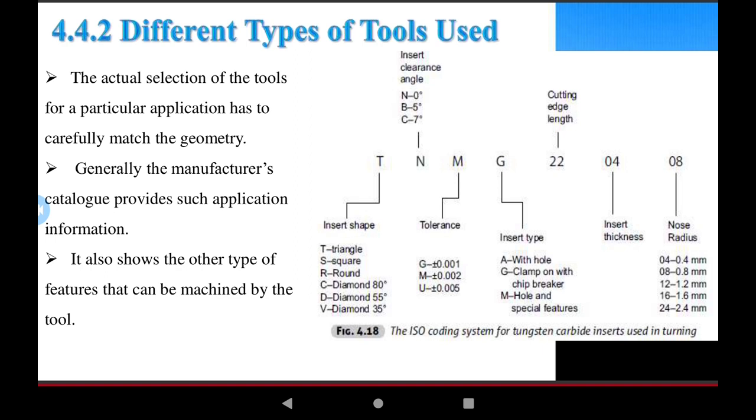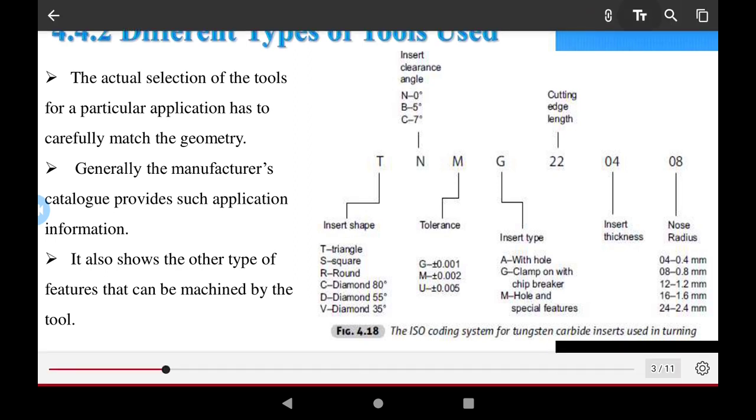A zero angle command performs the work at zero angle; then command N performs the work at a 5 degree rake angle, given to the CNC machine as command B; and the rake angle also increases with command C. With N zero command, zero rake angle is given; the operation starts with 5 degree rake angle, given with command B, and other operations start with a 7 degree rake angle, given with command C. This is provided along with the other command T.